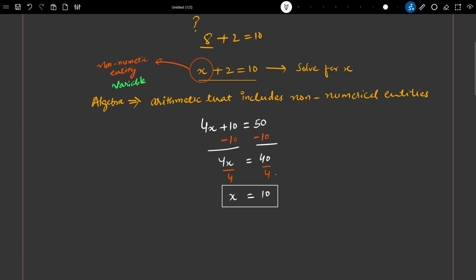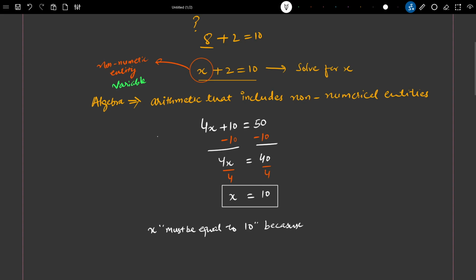What does this mean? This means that x must be equal to 10. Why?